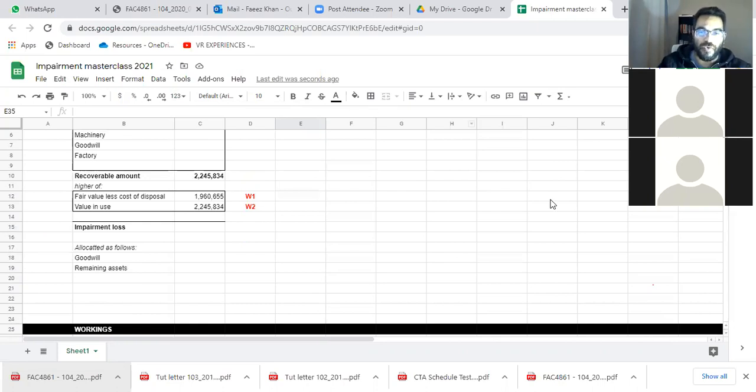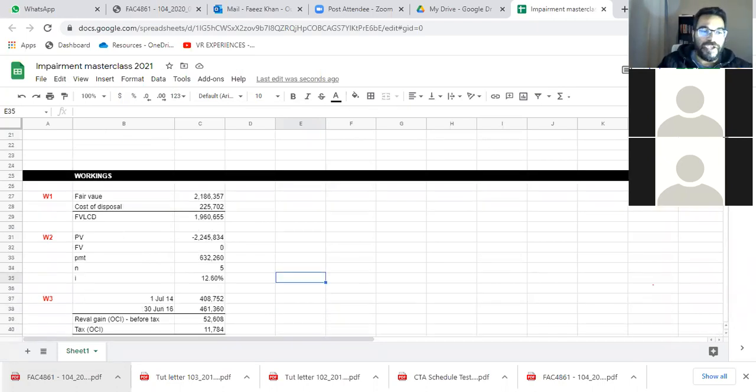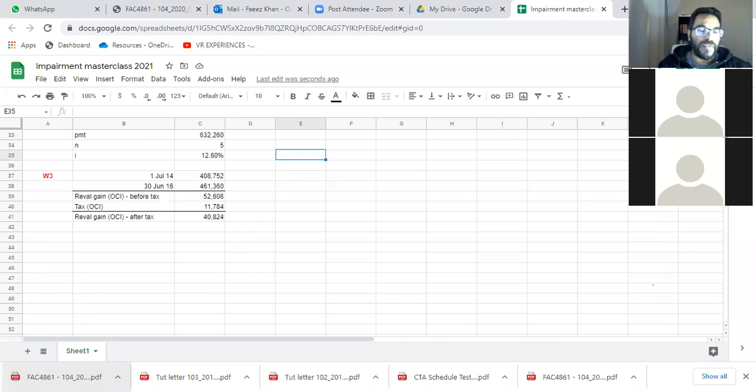So note number 2. Why did I work out the revaluation? When you have a revaluation and you're working out impairment, remember, if there is an impairment loss, IAS 36 says an impairment loss is recognized immediately through profit or loss.